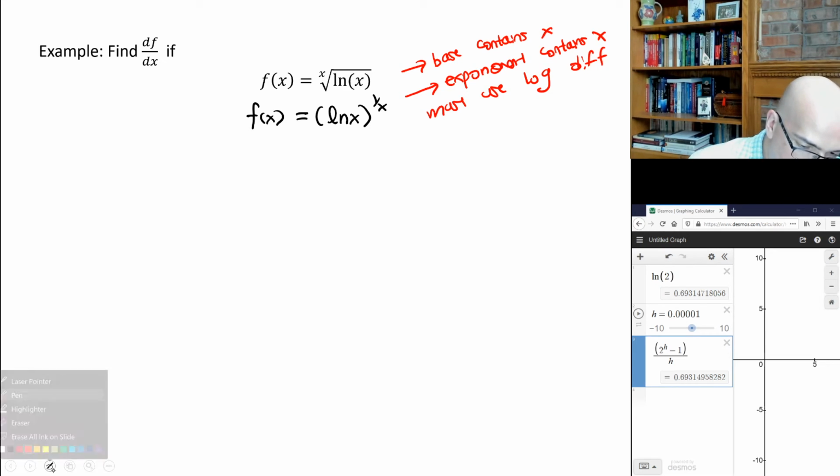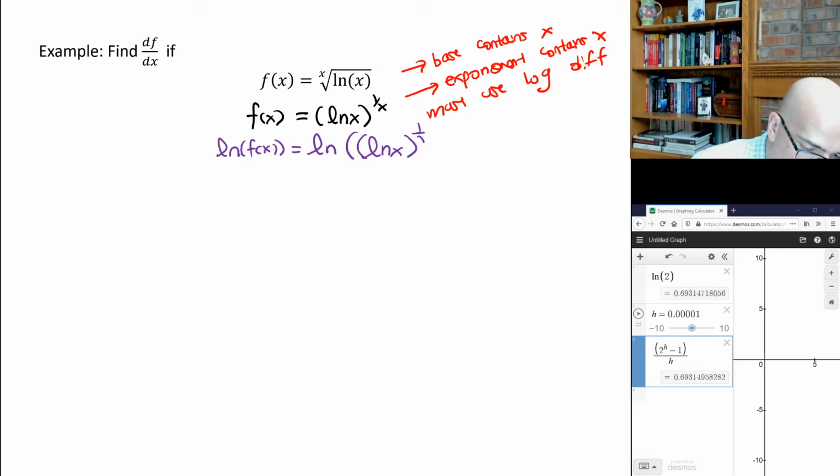So I'm going to take the log of both sides. The ln of f of x equals the ln of x to the power 1 over x.